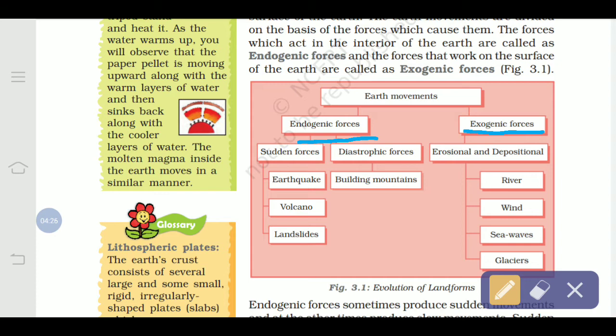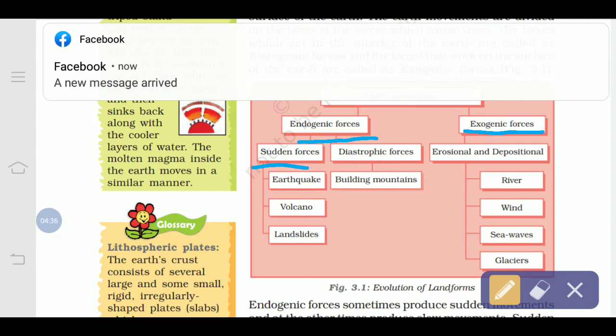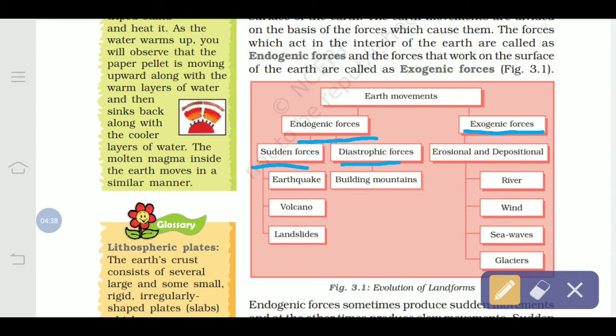Now these endogenic forces are further subdivided into 2, that is sudden forces and diastrophic forces. The sudden forces are divided into 3: earthquake, volcano and landslides. These are the sudden forces, they come without warning.